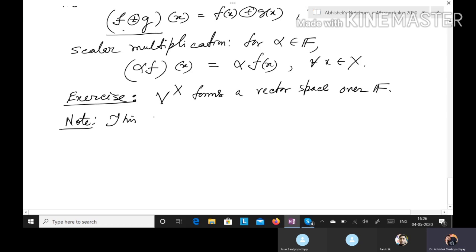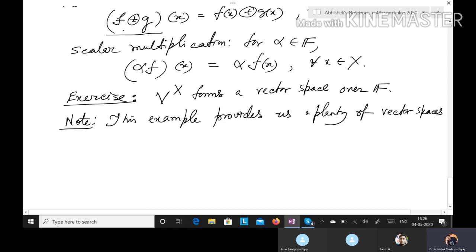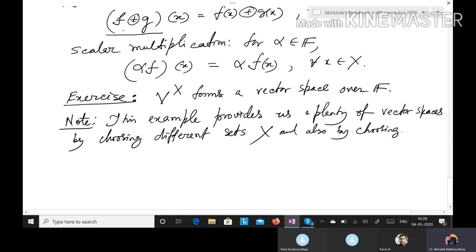So this example provides you a plenty of vector spaces by choosing different sets X and also by choosing different known vector spaces.